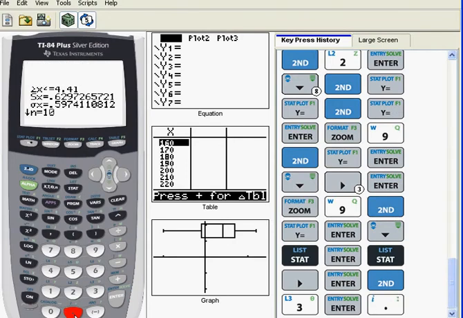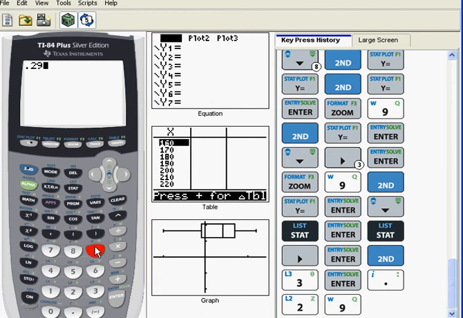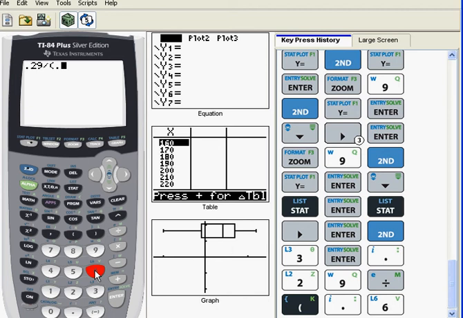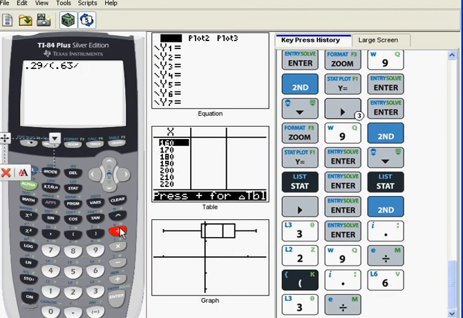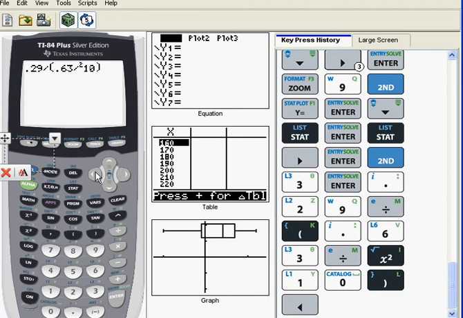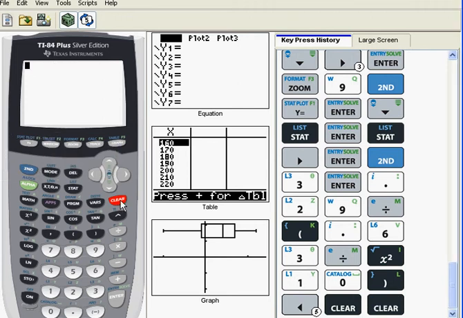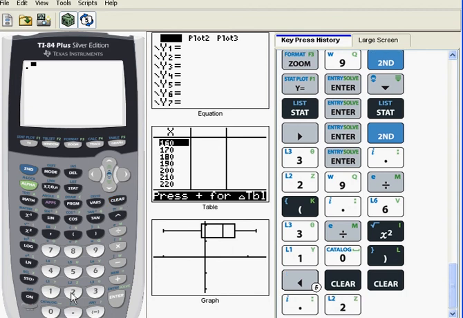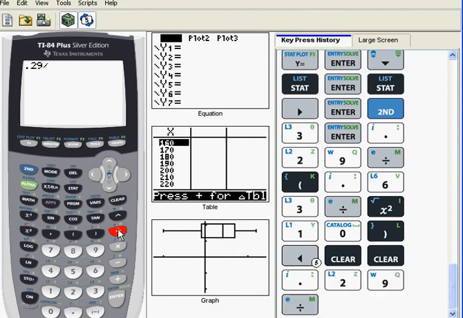Okay, so here we go. 0.29 minus 0 is just going to be that, divided by, open parentheses, 0.63 divided by the square root of 10. Close parenthesis. Oops, I pressed the wrong button there. I meant to press square root. That's annoying. So let's do this. I've got to fix this. Great. So 0.29 divided by the square root. That worked.